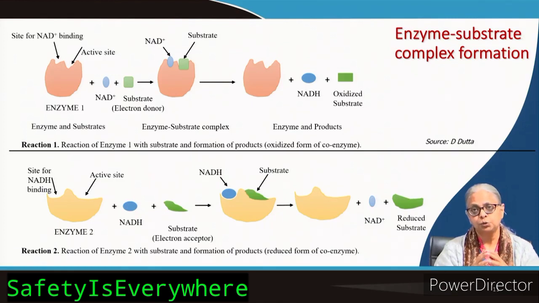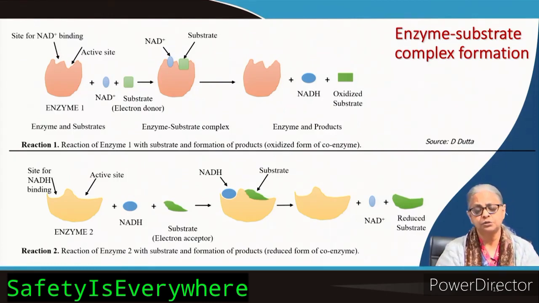For ATP to be formed, for the proton motive force to be generated, both transfer and transport of electrons has to happen between the compound that is donating electrons and the compound that is accepting electrons.